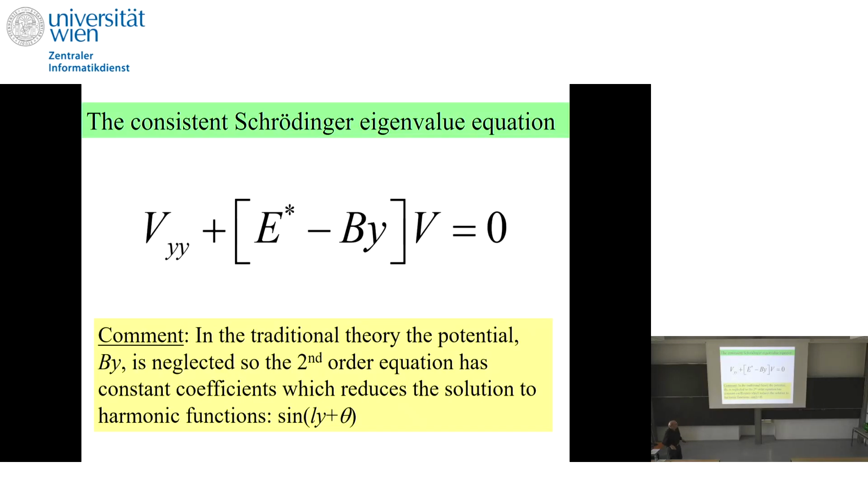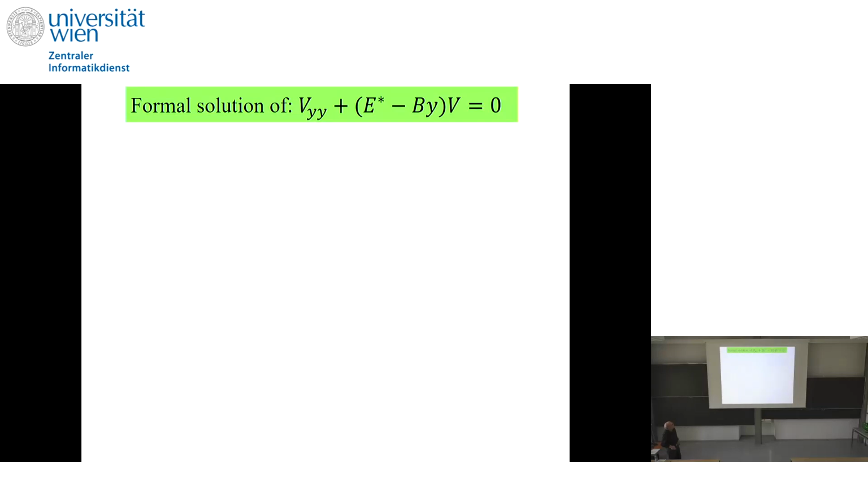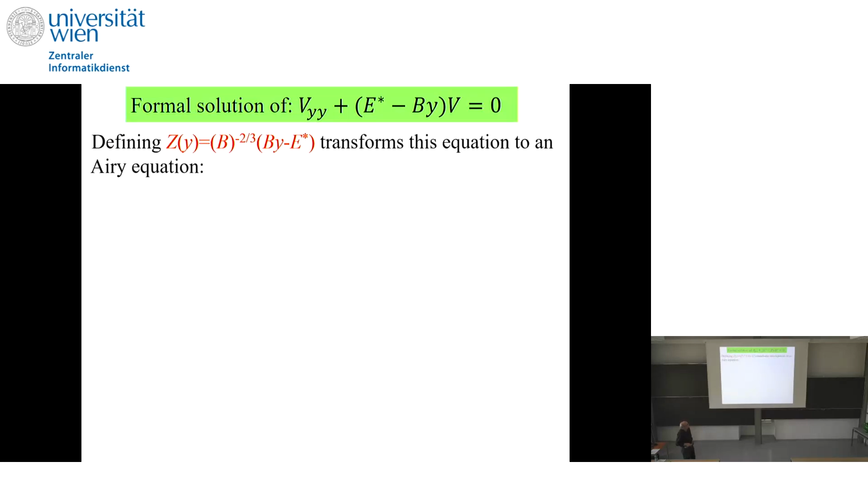So what can we do with it? The idea is that if you look at this equation, what I really want to do, and I'll show you how to do it, is to have this be the same as the variable here. So I would like the equation to read something like this, okay? The second derivative here, minus z, okay, I cannot get rid of y, times v. Why do I want this? Because this is a known equation.